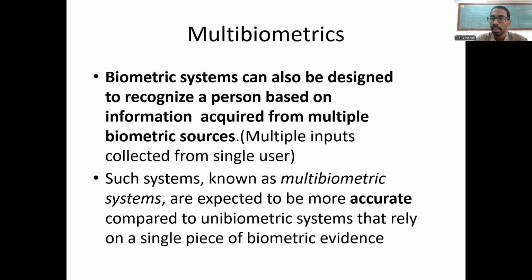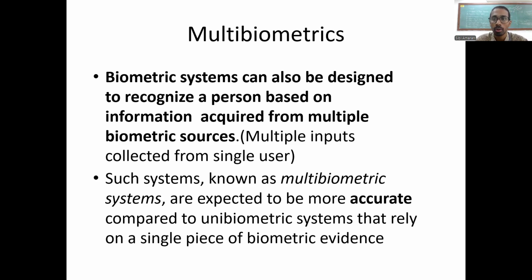If my ID card is damaged or I lose it, I can manage with the other biometric input that I gave, which is already stored in the database. So the simple meaning of the definition is that multiple inputs are collected from a single user.